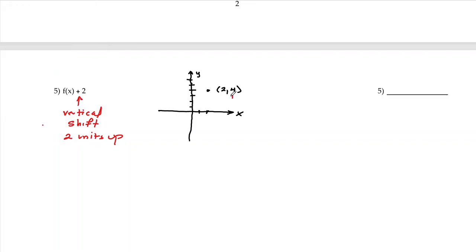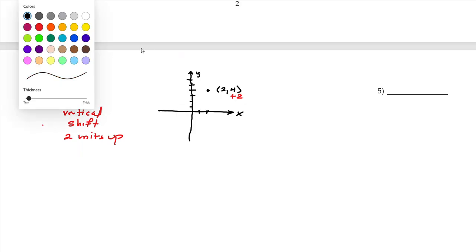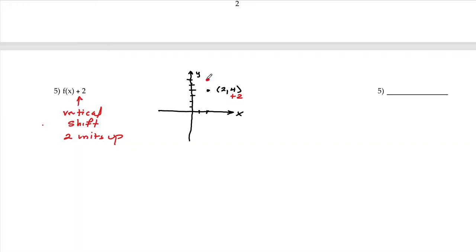So this point will go from 2, 4 to 2, 6. The point will go up 2 units and its new position will be 2, 6, because the transformation done was a vertical shift 2 units up.